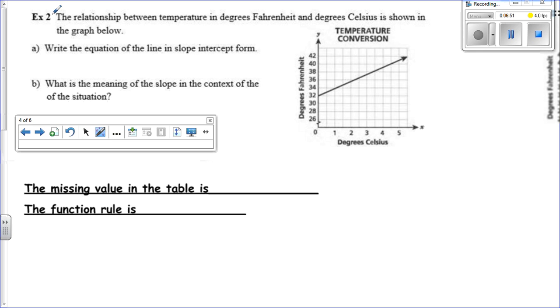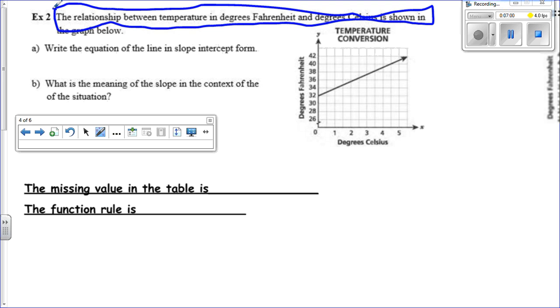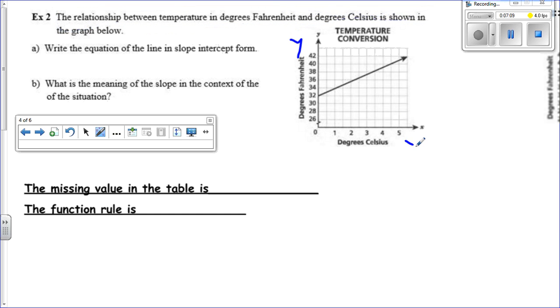Degrees Celsius would be my input, and degrees Fahrenheit would be my output. Man, the school speaker got me messed up. So what is the equation of the line, first of all, and what is the meaning of the rate of change? Take a minute, think about that.